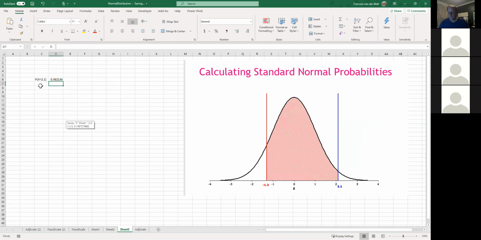Okay, and the probability of x less than minus 1.3 is the next one I want to calculate.